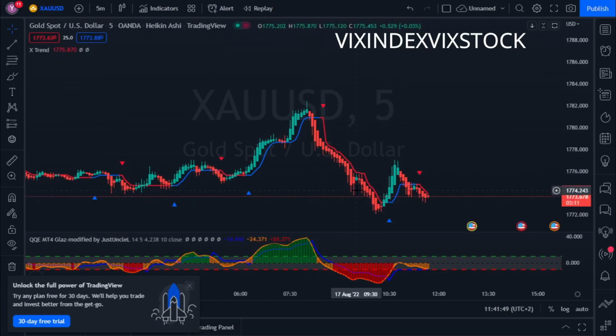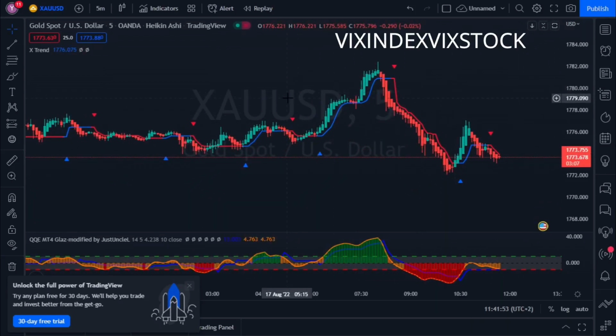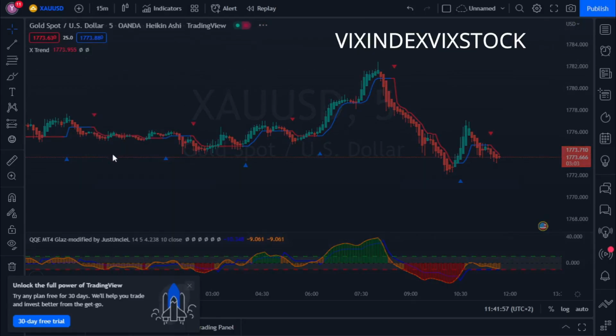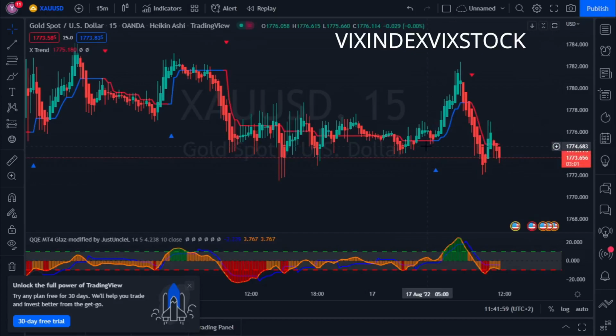So you can use this simple strategy for your scalping. This is the 5 minute time frame. You might want to test it on the 15 minute time frame, depending on the pair that you are using. On some pairs it might not look neat because of volatility and things like that. But I believe this can help you filter out good trades from bad trades.